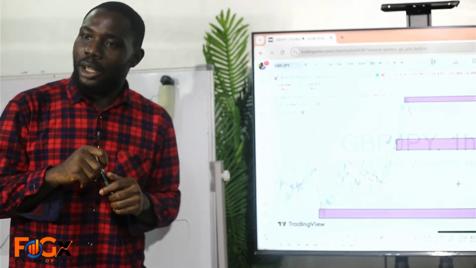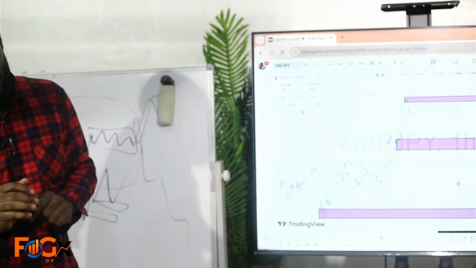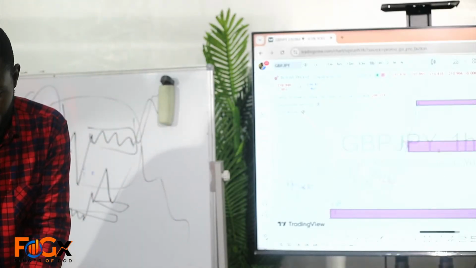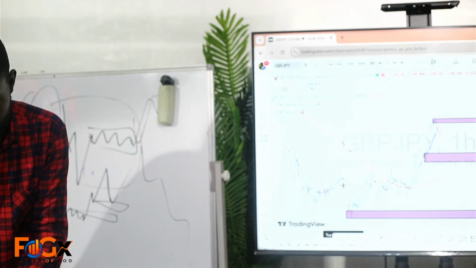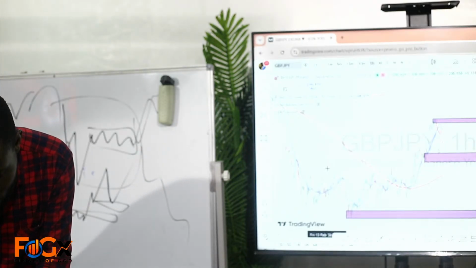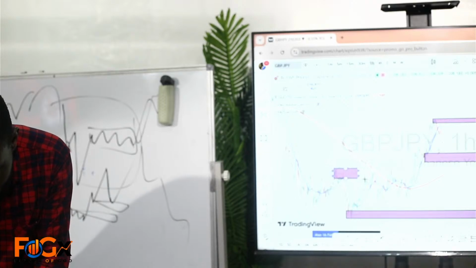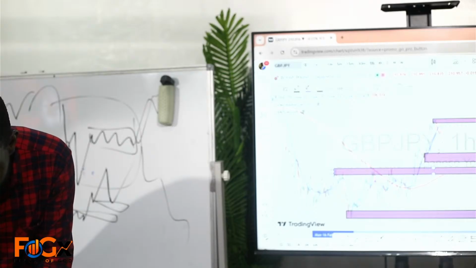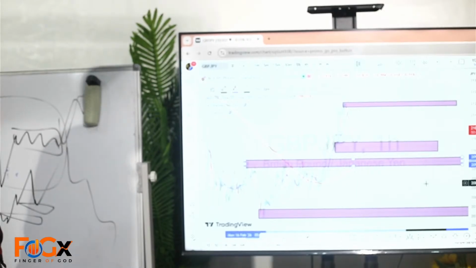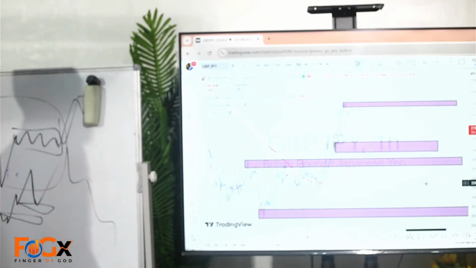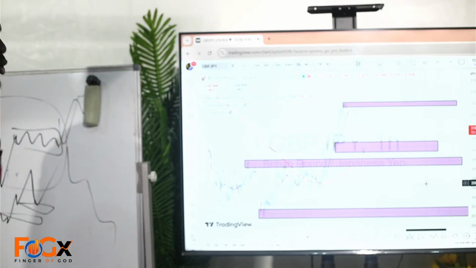But me, if I should ask you people now, on GBP JPY, in this zone and this zone, which will you prefer to go with? Farouk, which of these zones?